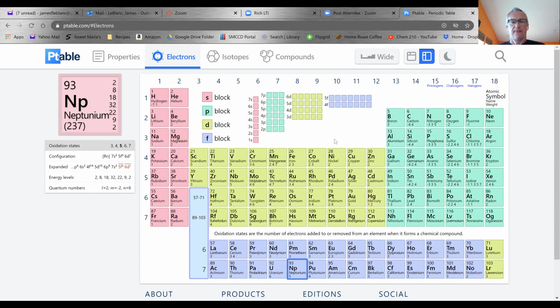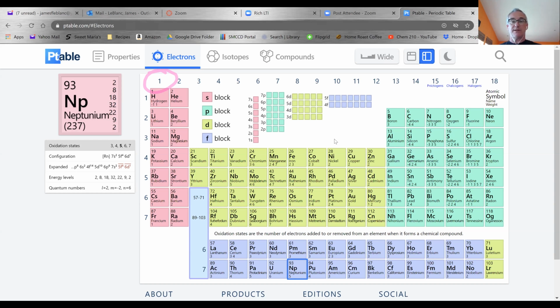Chalcogen. Now, what's the group number? I'm asking for the group number. One. Yeah, it's in group 1, right at the top here. This is a metal in group 1. We call those the alkali metals.